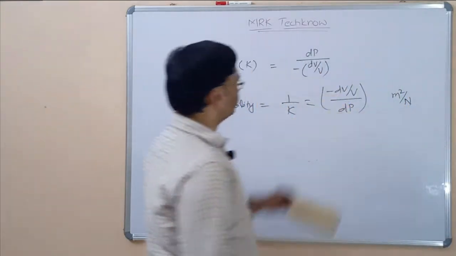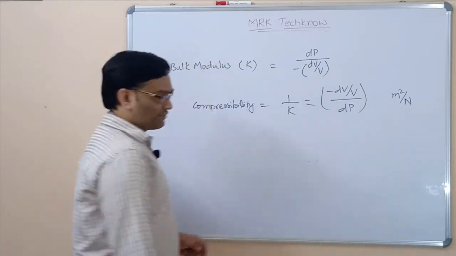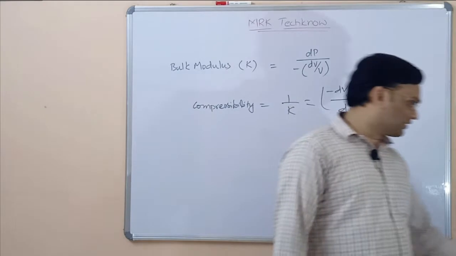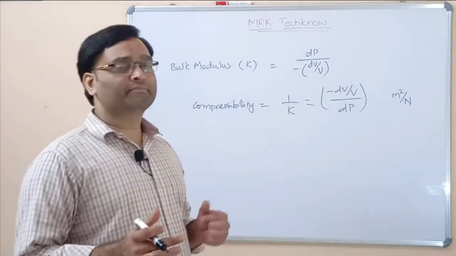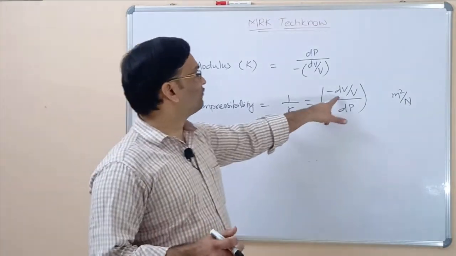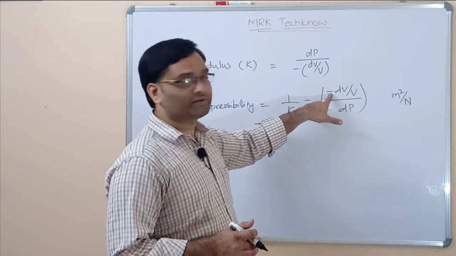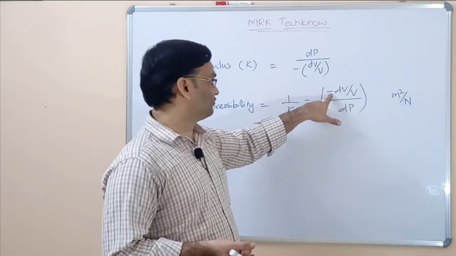So simply, why we have got the negative symbol, the explanation is here. Whenever you apply some pressure on a fluid, that applied pressure in turn makes the fluid decrease its volume. So the rate of decrement of volume. Since volume is decreasing, the minus symbol shows the decrement in volume here.